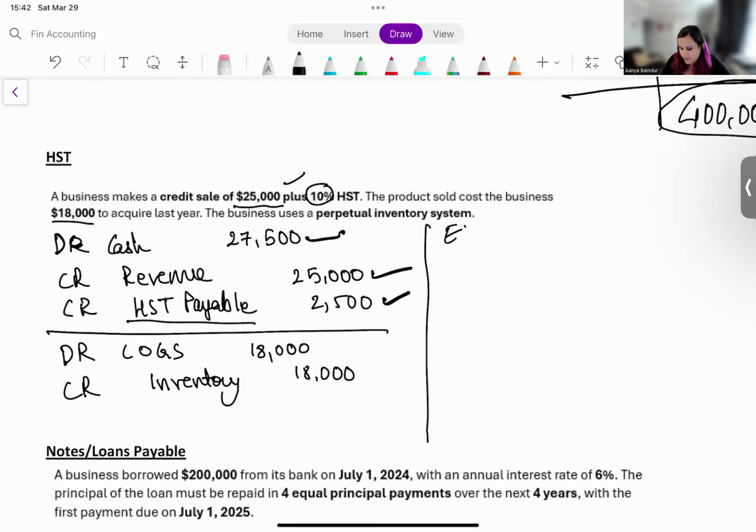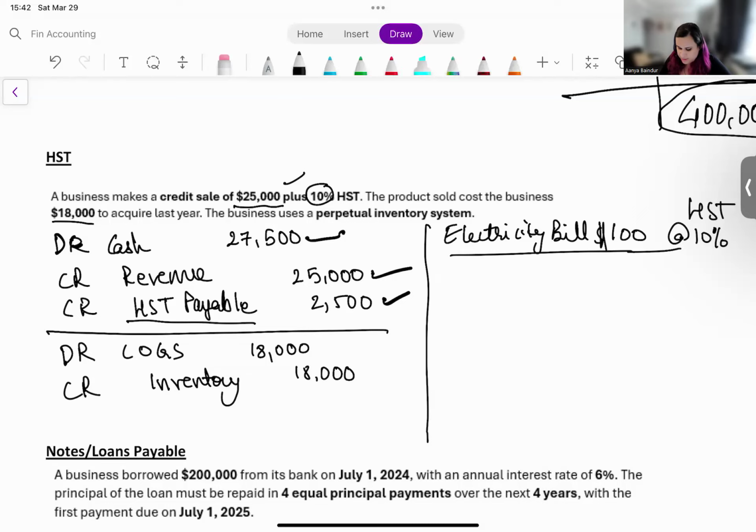Let's assume it's an electricity bill, which you paid off, and that was for, say, $100, right? And when you got the electricity, you got charged 10% HST on that. So at this point, you would have put down an expense. You would have put down utilities expense, and credit, say you paid it off right away, is a credit to cash.